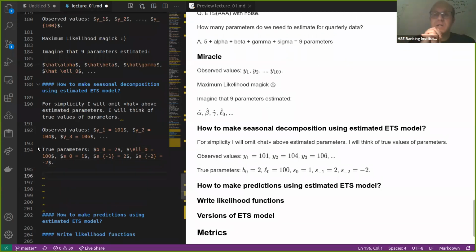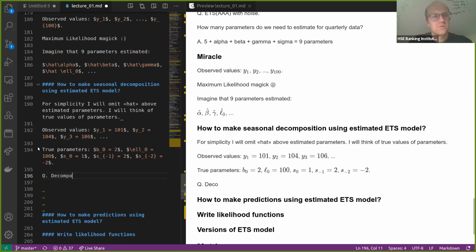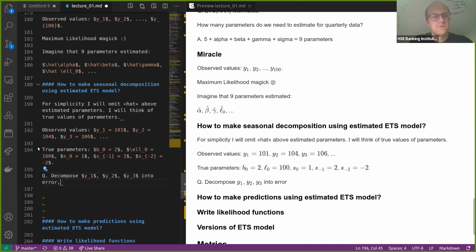Okay, my question is: decompose y1, y2, y3 into error, trend, and seasonal effect.